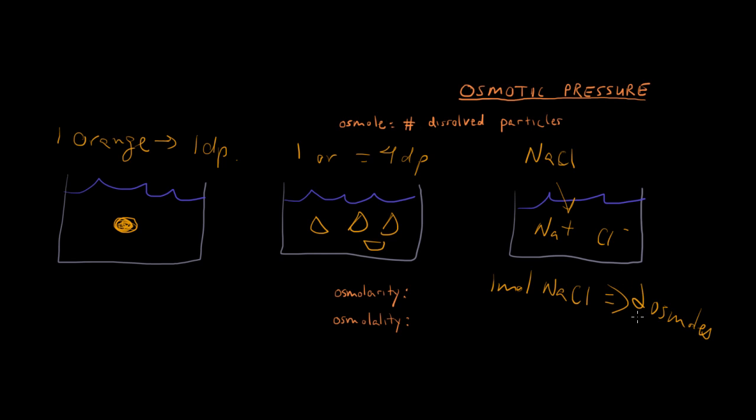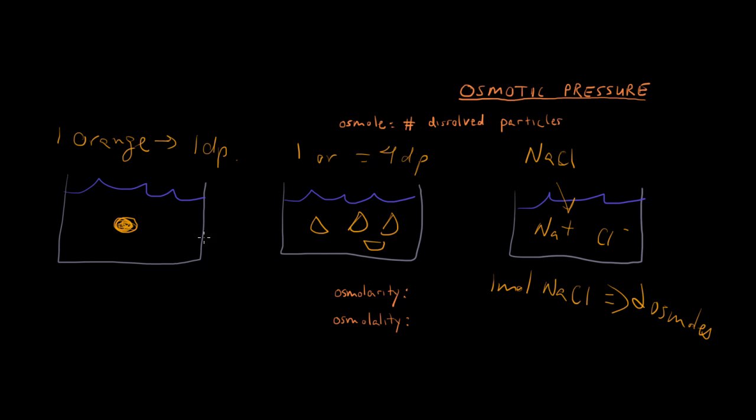And you can see that 2 osmoles have a greater contribution to osmotic pressure than one particle. So for 1 mole of sodium chloride, we're not just getting one particle contributing to osmotic pressure, but we're getting 2 particles. So that's an important concept.